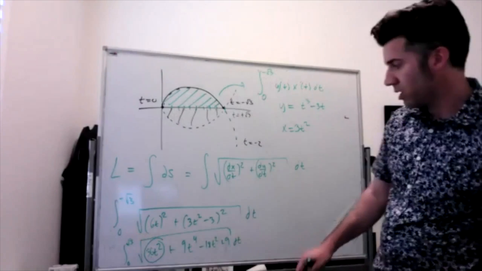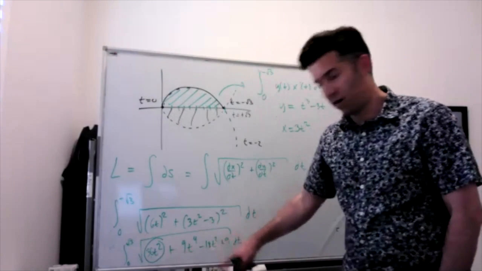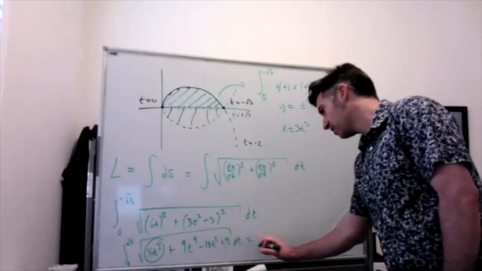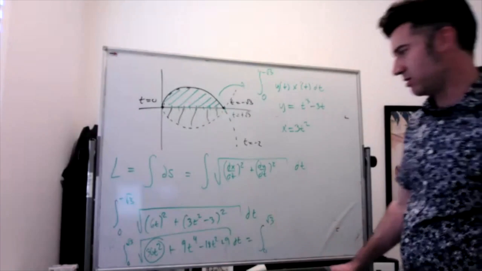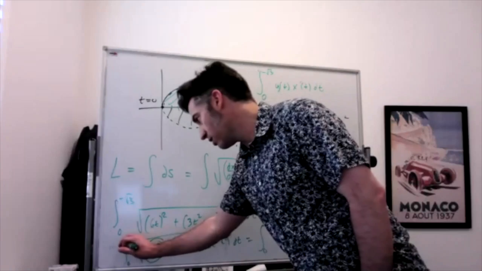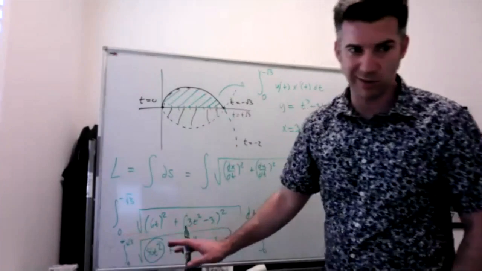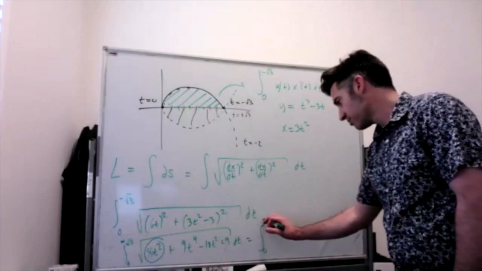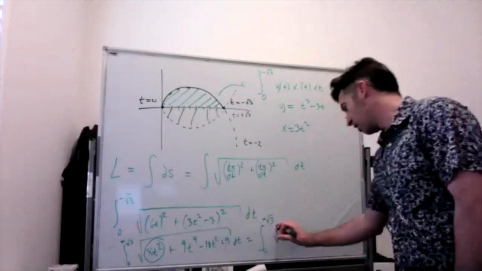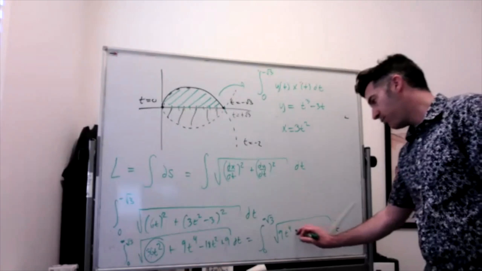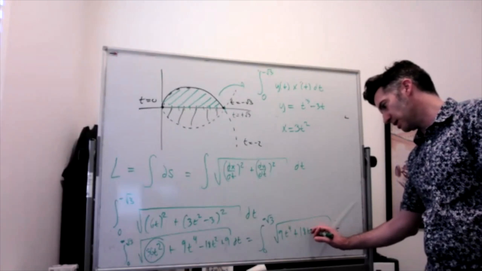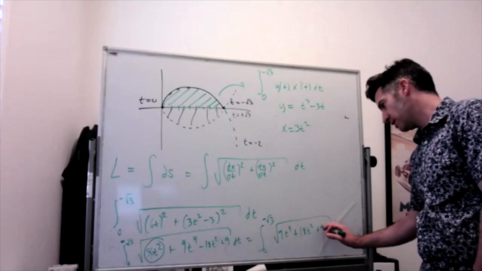And now look, when we add the 36t squared there, we get the integral from 0 to √3. Sorry, I changed that from 0 to negative √3. I'm still not exactly sure about that. The square root of 9t to the 4th plus 18t squared plus 9.